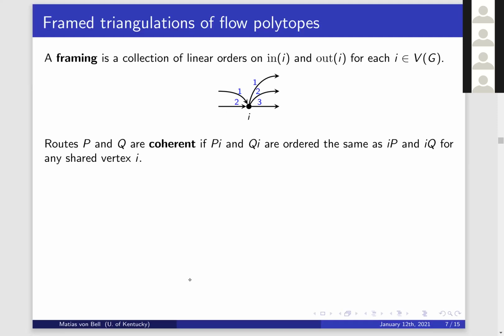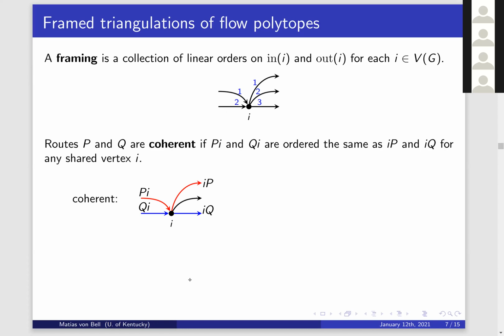And then this framing induces a coherence relation on routes, where the incoming portions of the routes have to be ordered the same way as the outgoing portions of the routes. And if that's the case, then they're said to be coherent.